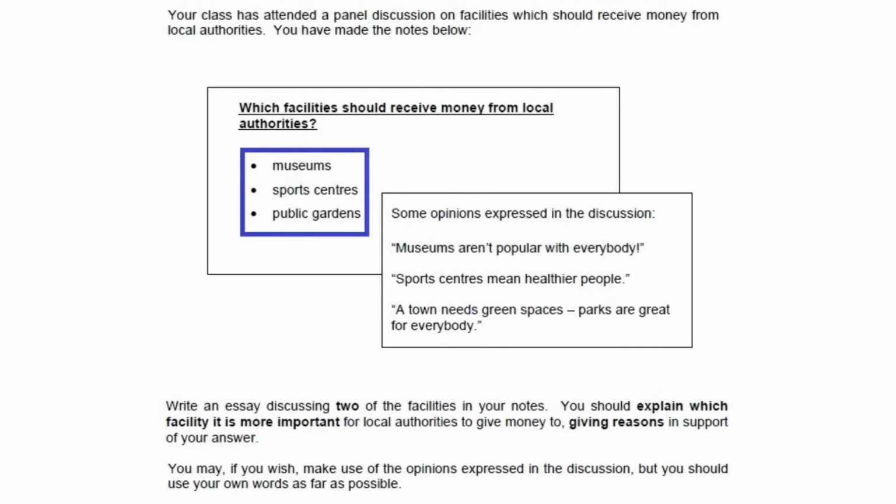Always remember to leave out one of the topic points, as you might actually lose marks if you write about all 3 of them. Here we can choose between museums, sports centers, as well as public gardens. The choice is really yours, and you can decide which 2 are the most appealing to you or which 2 you know how to write about best.